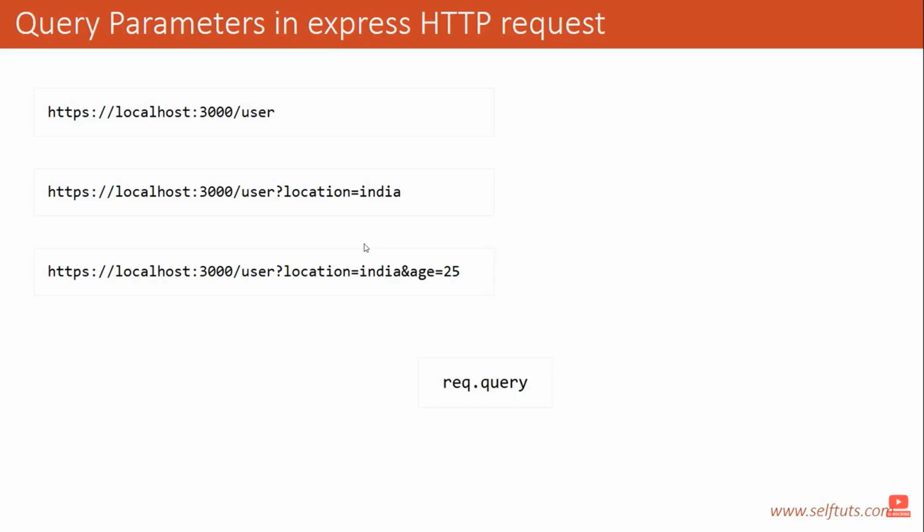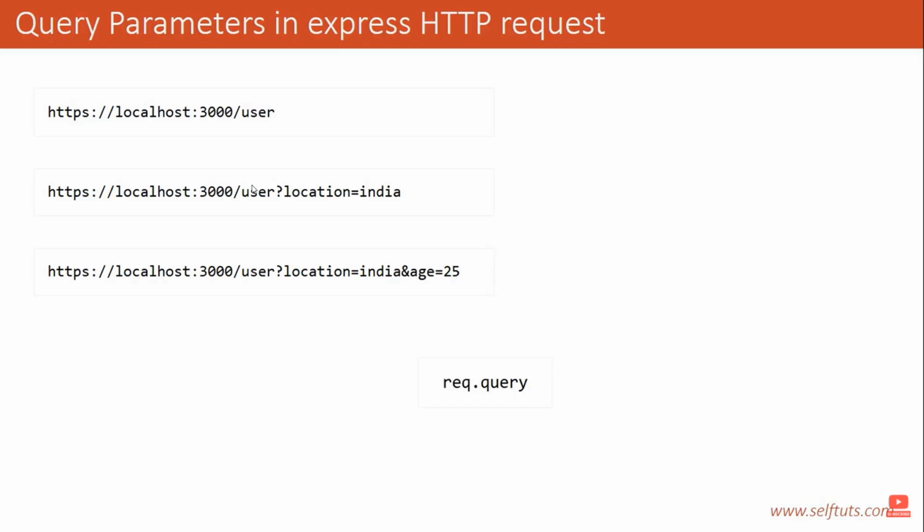We were using in the previous video something like this: http localhost 3000 slash user. So this is the localhost, the address of the HTTP server, and user is the resource that we are trying to access, or user is a route or endpoint that we are trying to access.